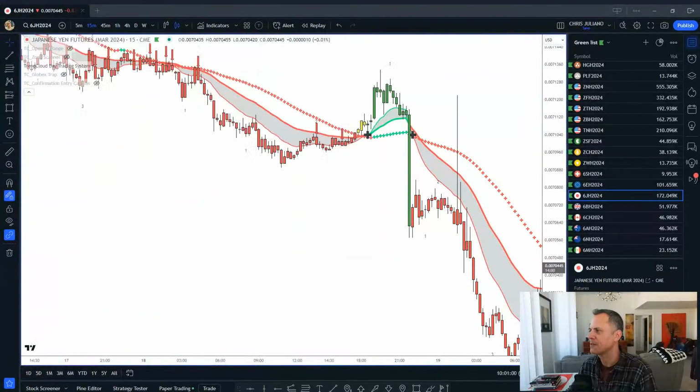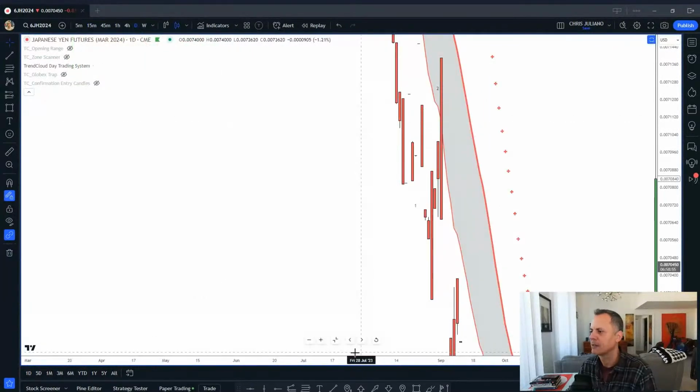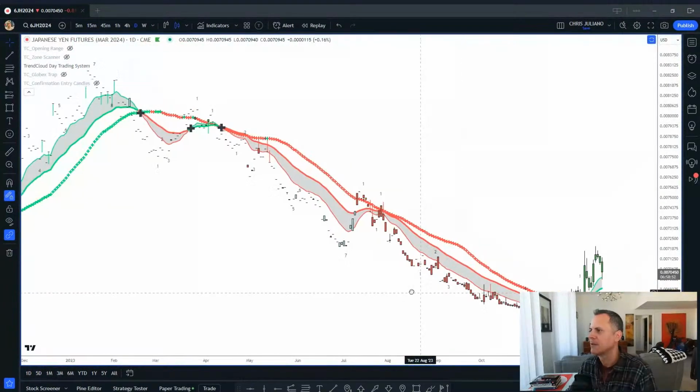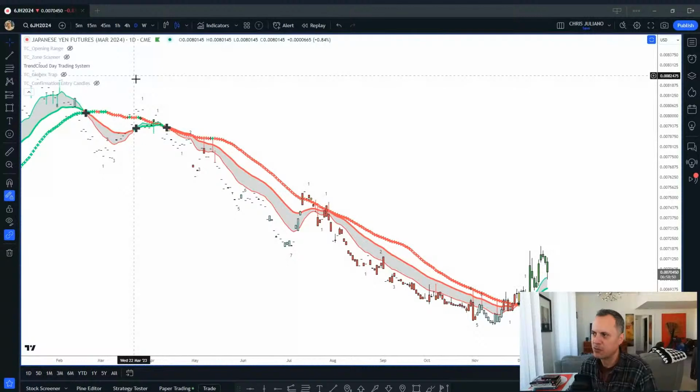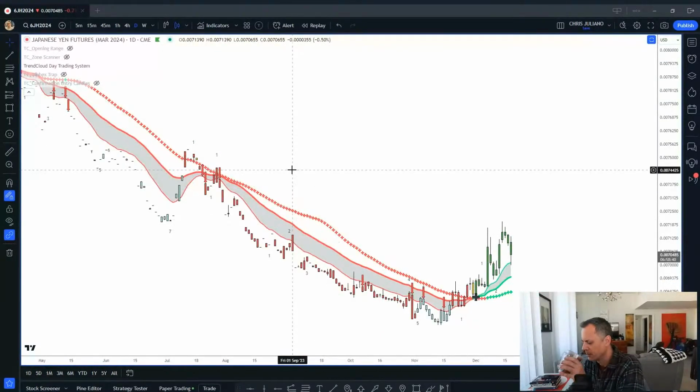Like if we take a look at this, let's go out to the daily. This is a beautiful thing to short, guys. The Japanese yen is a beautiful thing to focus on, concentrate on for shorting.